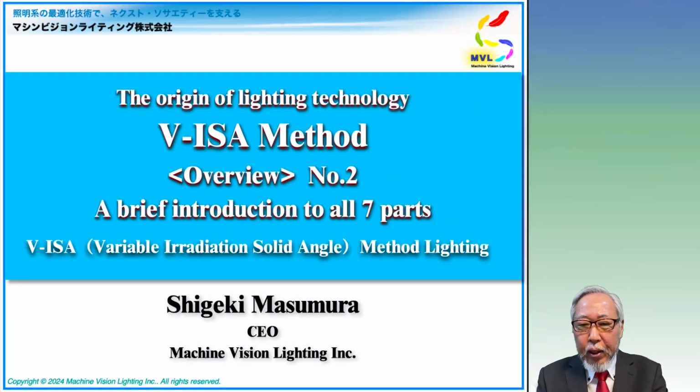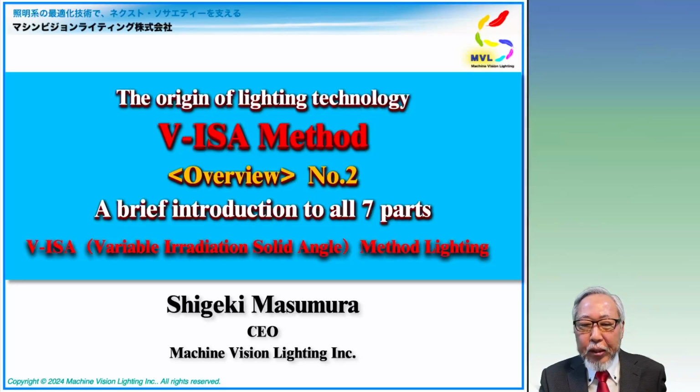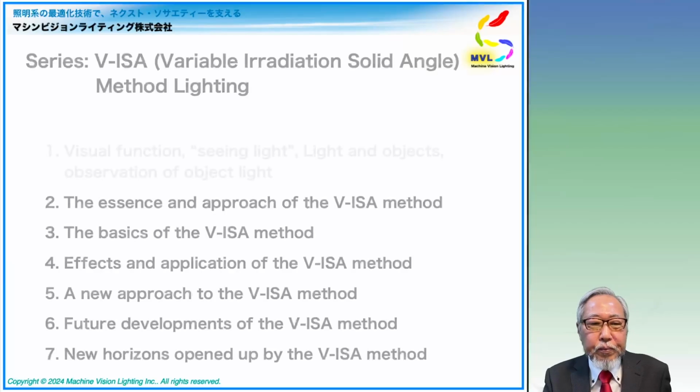Today, I will be covering the second half of the overview of a series of episodes on the VISA method, which is the origin of lighting and imaging technology essential for the visual function of machines, and which we learn the essence of light in the object.